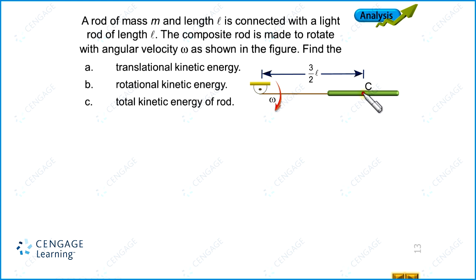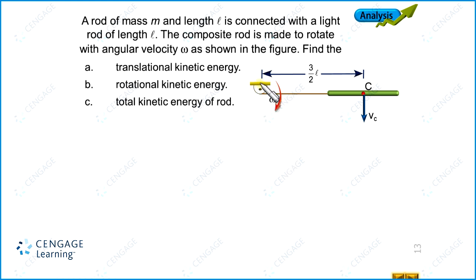The distance of the center of mass of this rod from the center of rotation, the hinge point, is 3 by 2 L. Let us assume the velocity of the center of mass is Vc, in the downward direction. We know a rigid body has one very important property: angular velocity remains constant about any point.